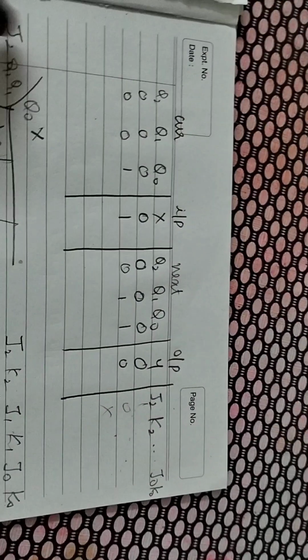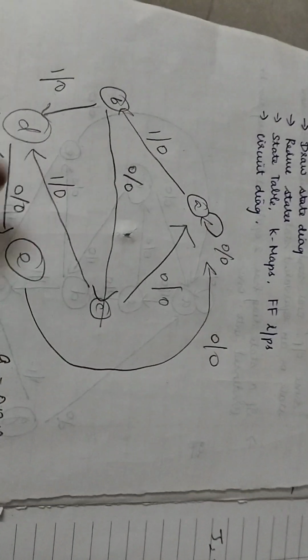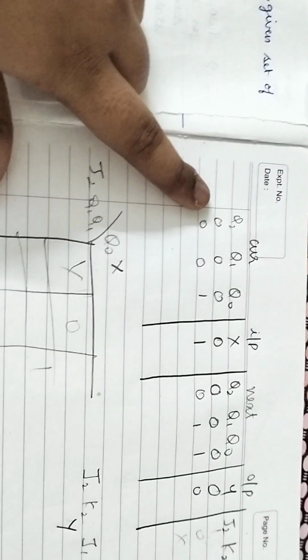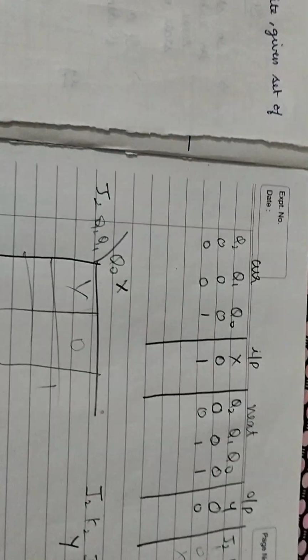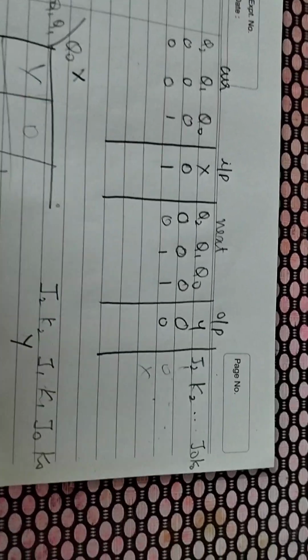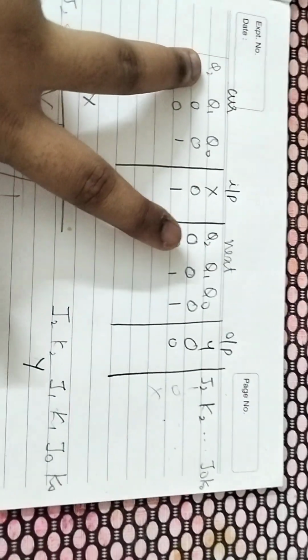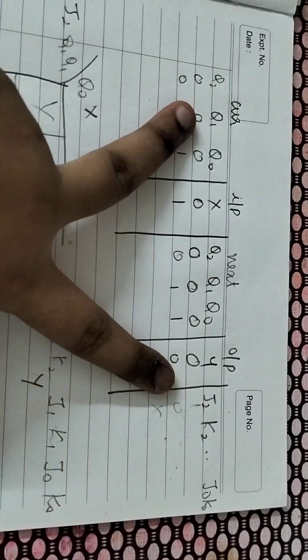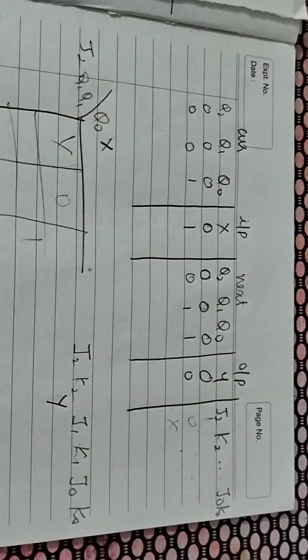So these values you will get from the reduced state table. And if there are 5 states and 2 inputs, you will get 5 into 2 is 10 values. So I've just filled 2 rows just to give you an example, but you will have to fill in all the entries. These you will look up from the excitation table, how you compare Q2 current and Q2 next, Q1 current and Q1 next, and so on, and you fill in the values by looking at the excitation table.